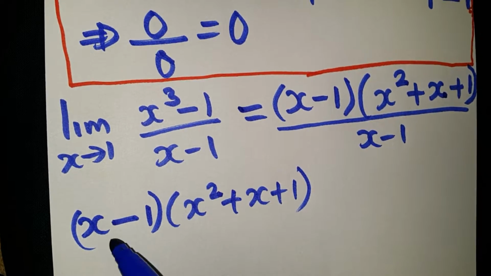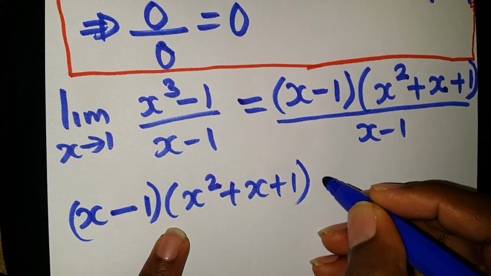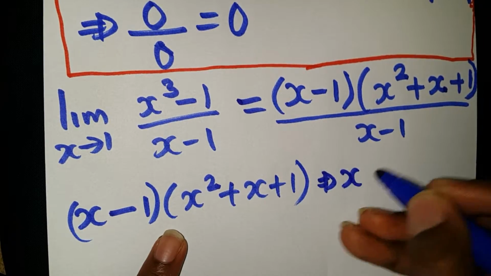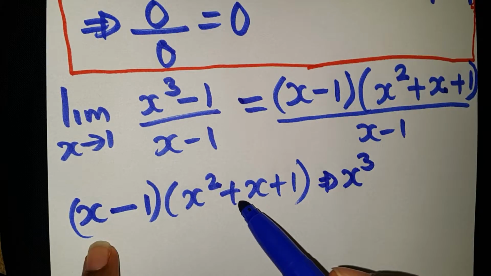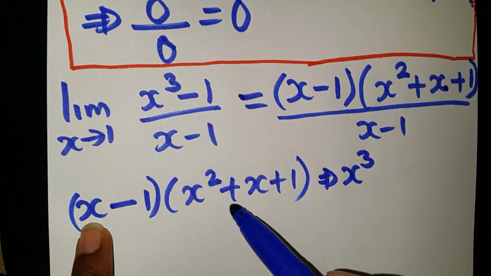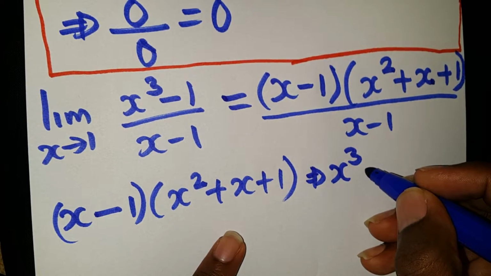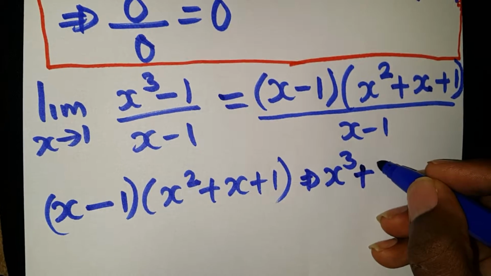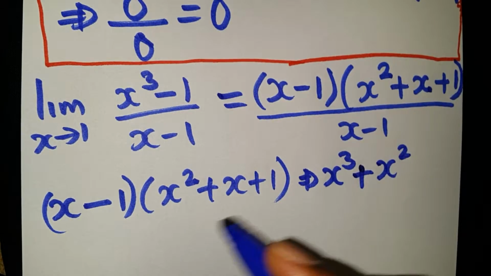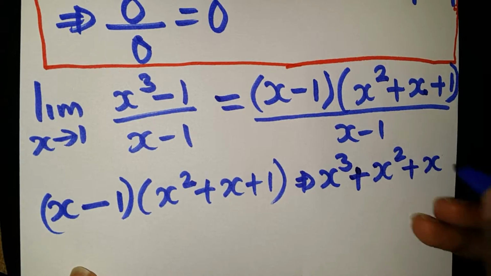Now x multiplied by x squared will give us x cubed. Positive x times positive x, that's x squared, plus x squared. Then x times 1 will give us x.